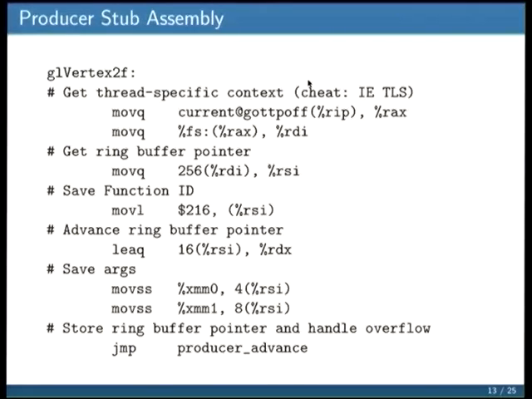Then advance the ring buffer, store the arguments in there, and make a tail call to a function that will make some final adjustments. It will store the ring buffer pointer back into the current data structure, because after that we are going to leave to the application, and we need to maintain the current pointer. And we also need to check if we are about to overflow the buffer, and if that is the case, we need to suspend. So basically just one more store and one more branch, and that's it.